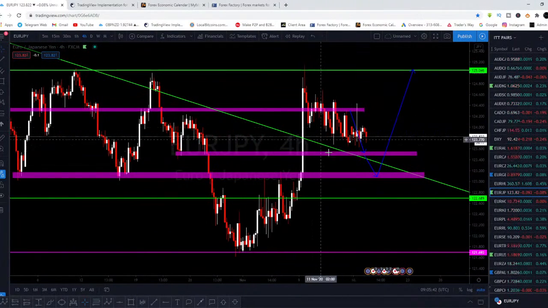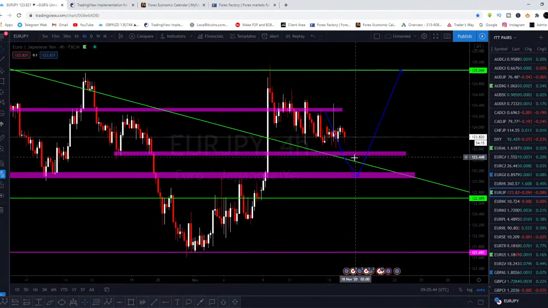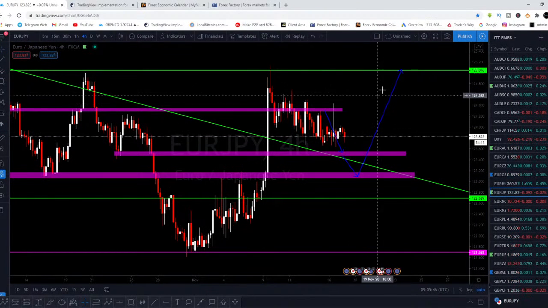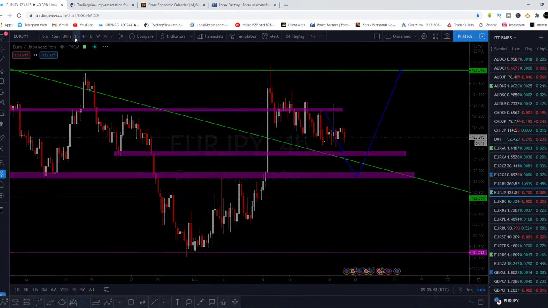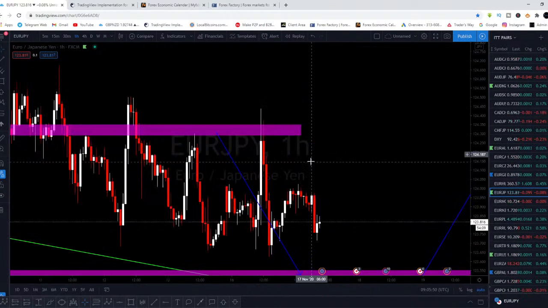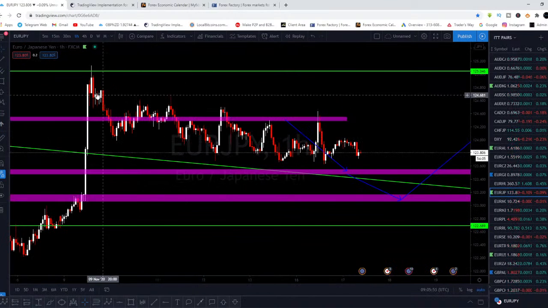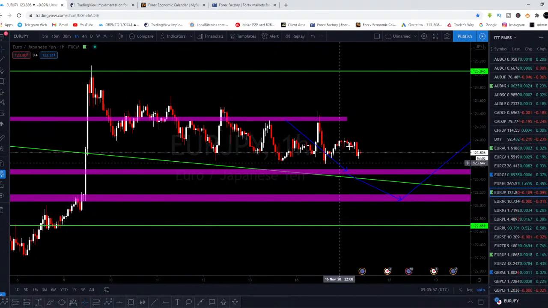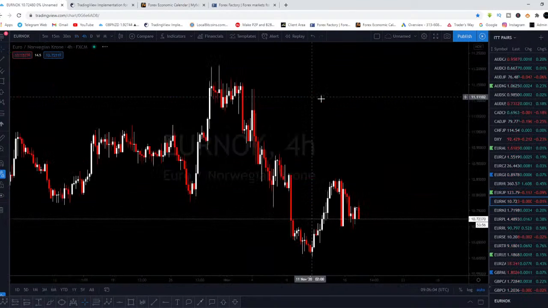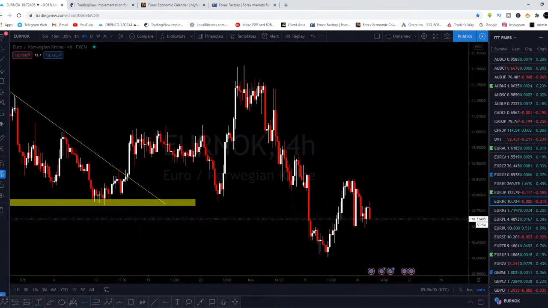You see that? I'm still expecting EURJPY to come down to this level or this level before it might buy. So let's just continue waiting for what is going to happen. And of course, you see this move to the downside. It's still moving to the downside, right? EURNZD, so still moving as well.